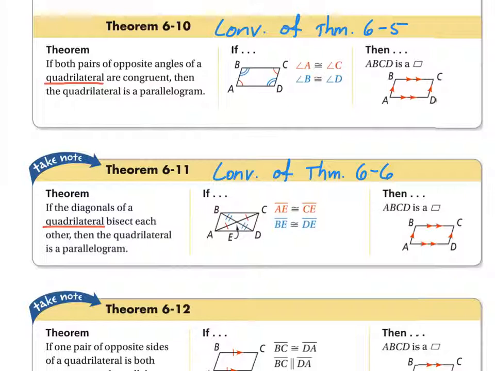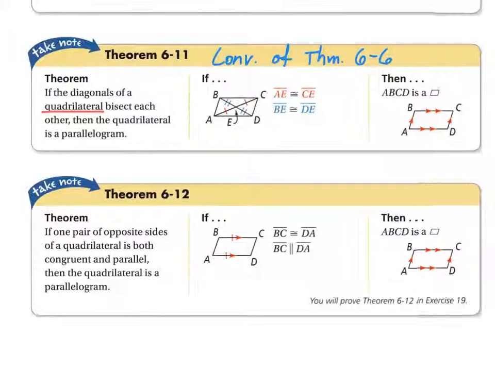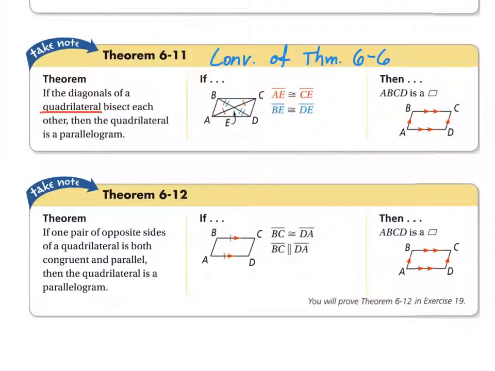Okay? So all of those theorems were converses of previous theorems that we had. All those properties of parallelograms, these are just the converses of those. But Theorem 6-12 is a new theorem all of its own. Okay?